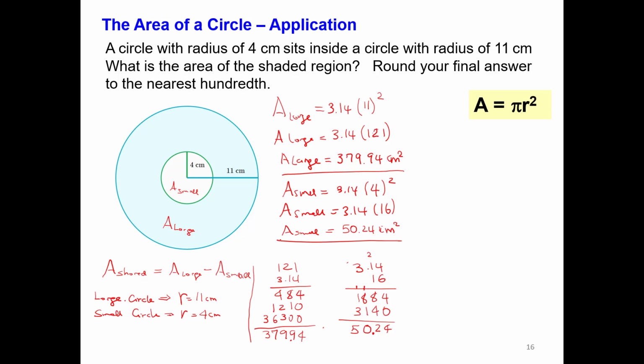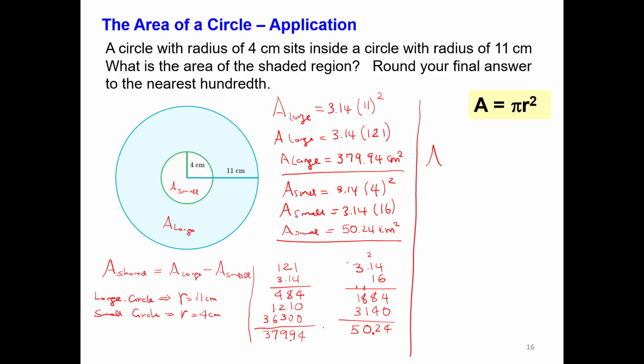Now we need to calculate the blue area, the shaded area. What to do is subtract this small area from the big area. If we subtract this portion, we will have the blue area. Let's do this part here.